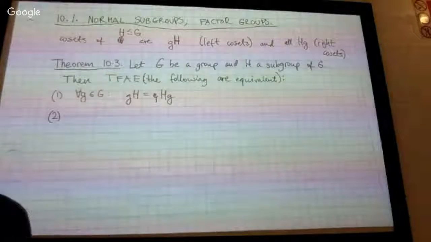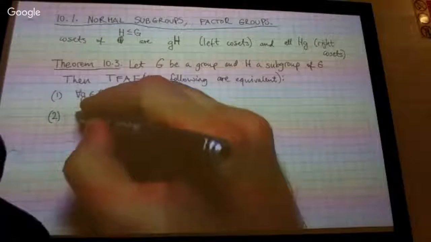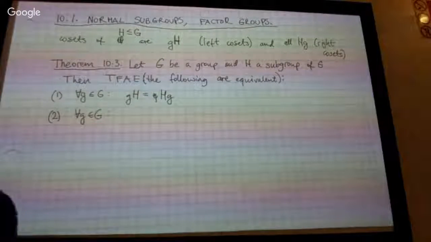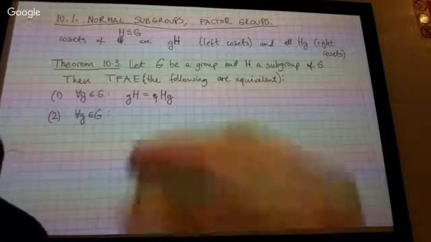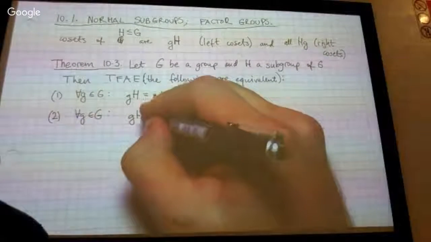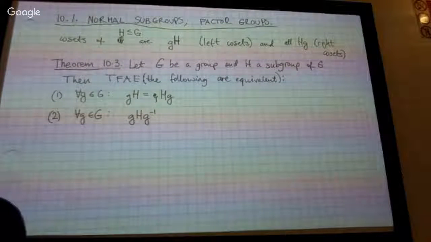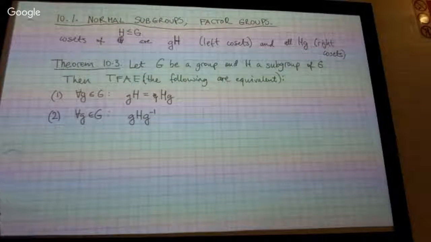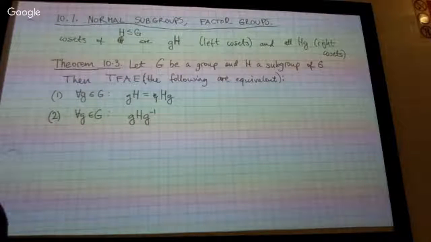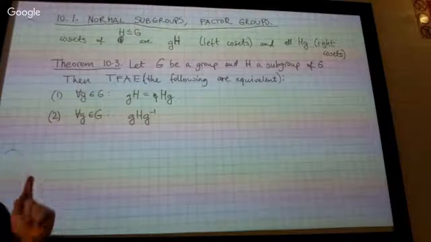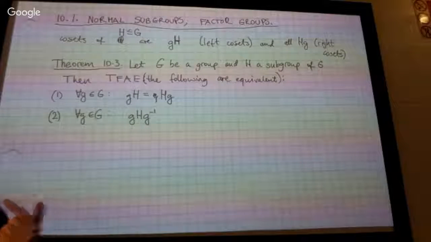Number 2, no matter what element of G I pick, if I look at gHg inverse, so that's everything in the group that has the form g h g inverse for some h in H, and that's the set.